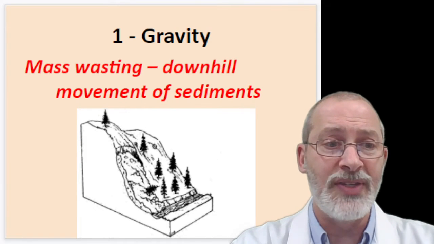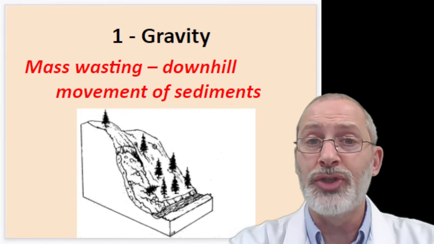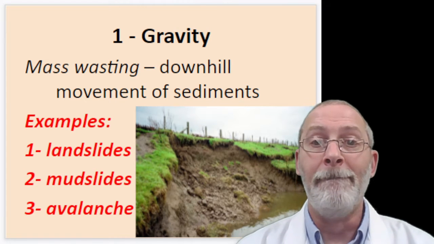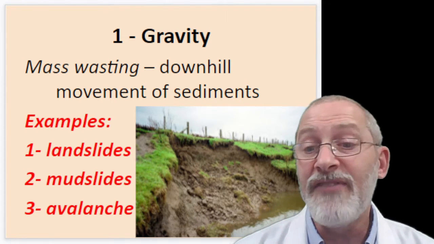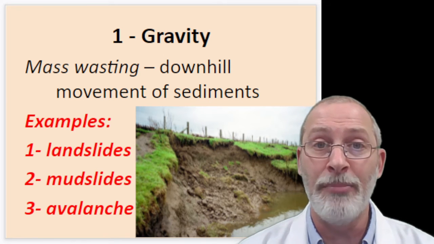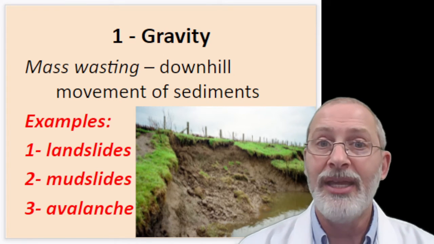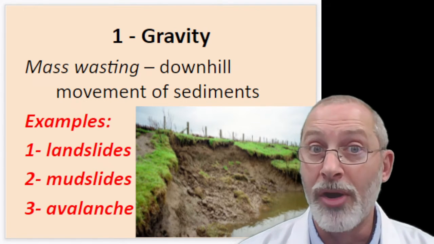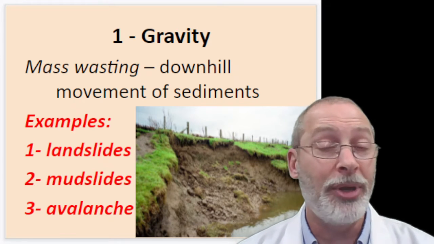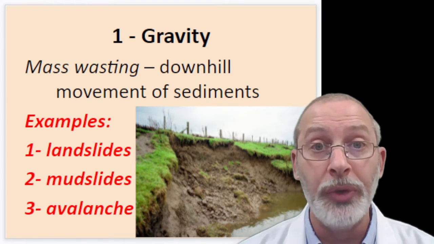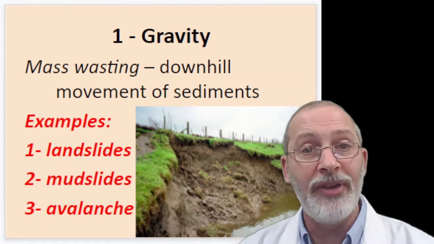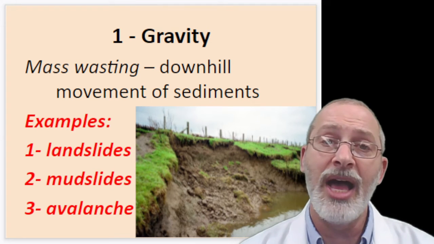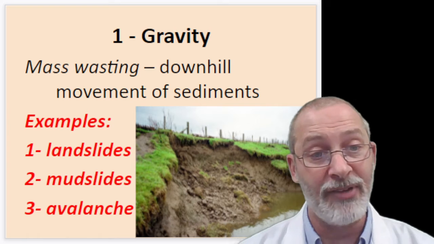I gave you a couple of examples already, and just to articulate them in a list, we've got landslides, mudslides, and avalanches. All of these are examples of how gravity can move a massive amount of material, particles and larger, in a short period of time. In other words, erode the landscape. So gravity, our first major agent of erosion, can cause landslides, mudslides, and avalanches.